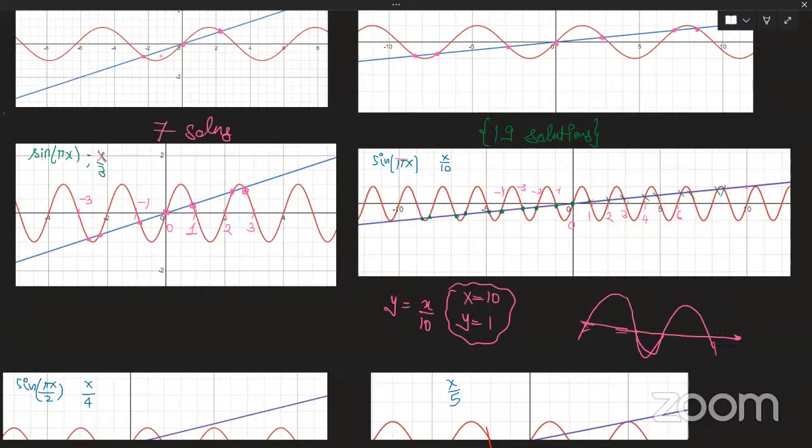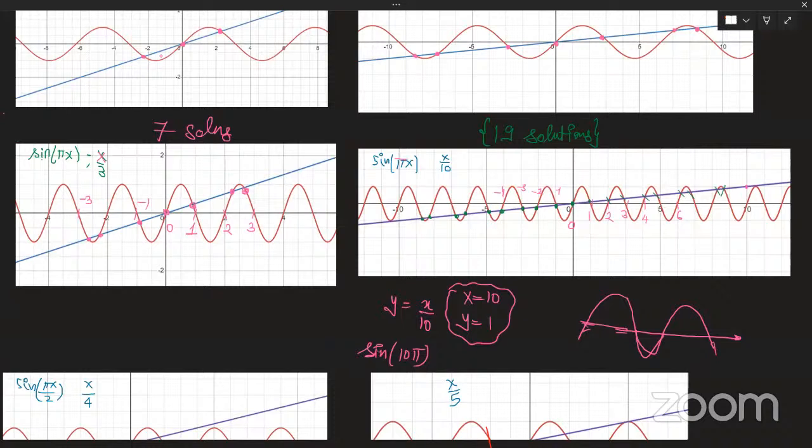What is the value of sine of 10 pi? Does anyone know what is the value of sine of 10 pi? You can see it from the curve also.